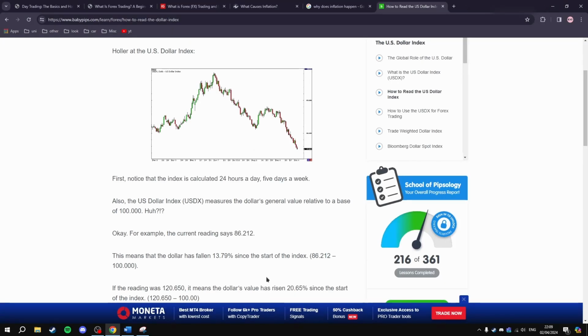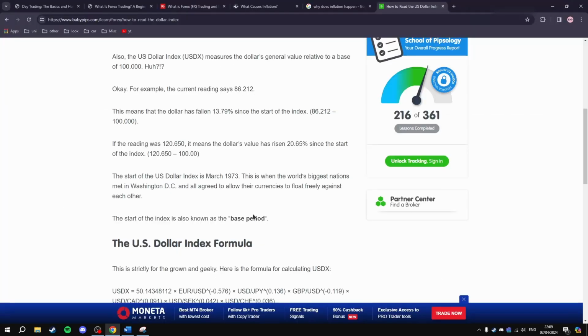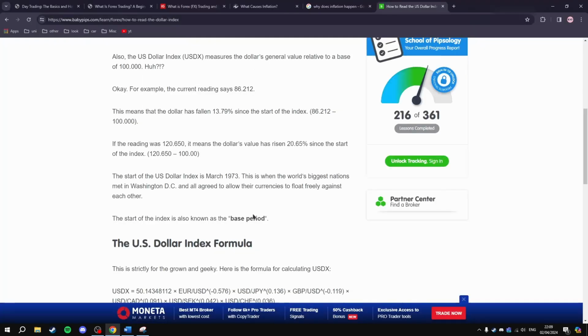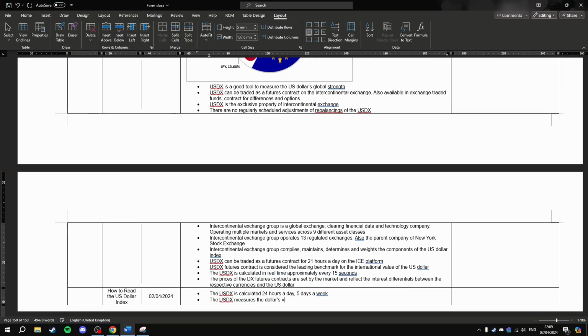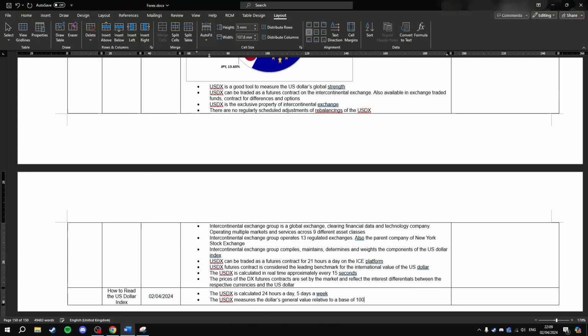The USDX measures the dollar's general value relative to a base of 100.